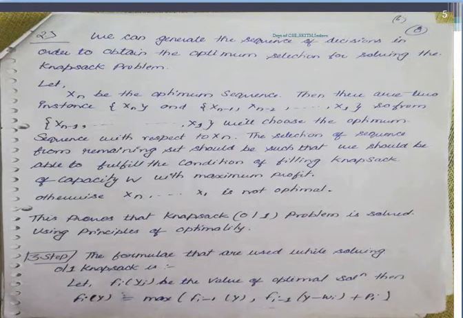After this we can generate the sequence of decisions in order to obtain the optimum solution for the knapsack problem. Suppose x_n is the optimal sequence; then there are two instances, x_n and x_(n-1), x_(n-2) down to x_1. From this sequence we have to choose the optimal sequence with respect to x_n.